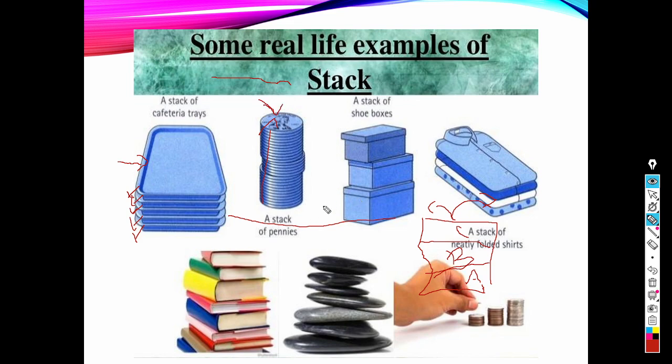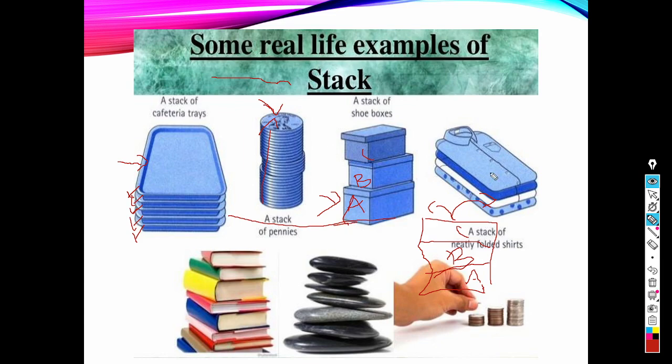A stack of shoe boxes. First we arrange three shoe boxes, one on top of another. For example, there are three shoe boxes, A, B, and C. First I inserted box A. So whatever we inserted first goes to the bottom, and whatever we inserted last goes to the top.